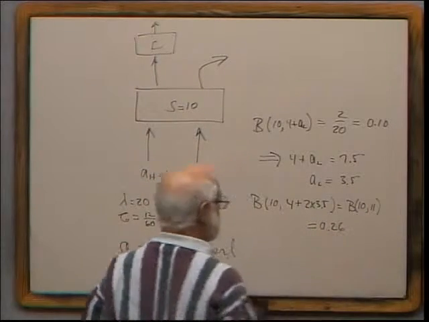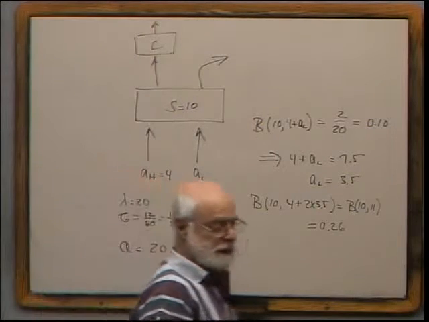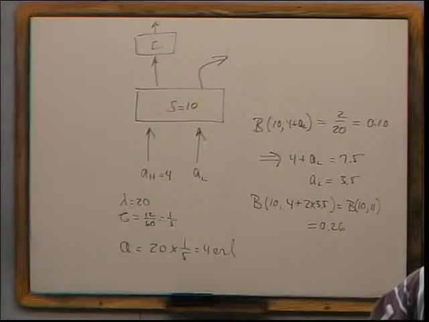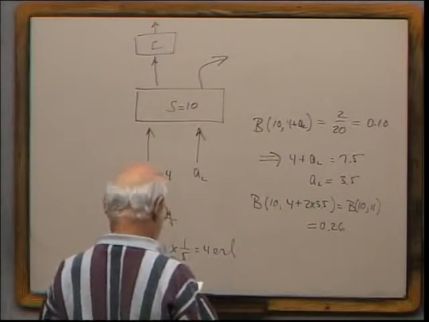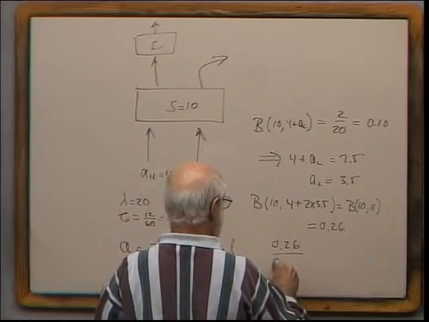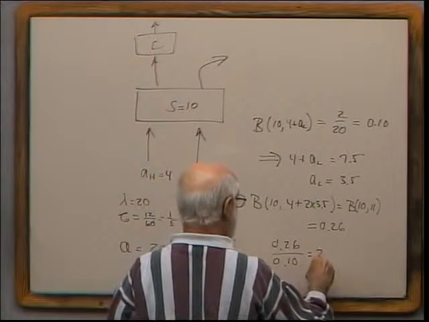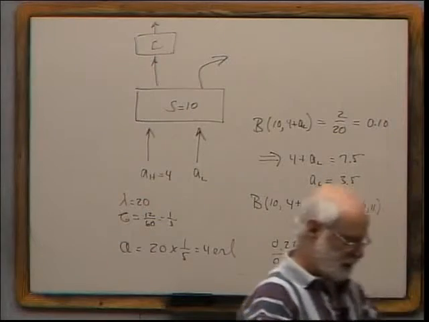So that means that the question says, if the overflow rate of the low priority customers doubles, by what factor will the overflow rate of the high priority customers increase? And so the answer is 0.26 over 0.10, or 2.6. So in other words, it seems as if there's not enough information here, but there actually is.